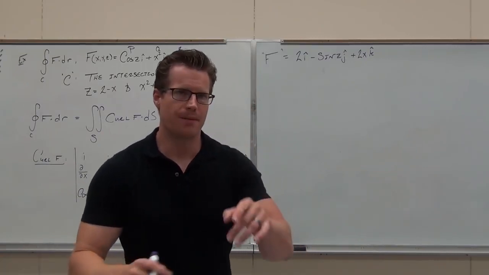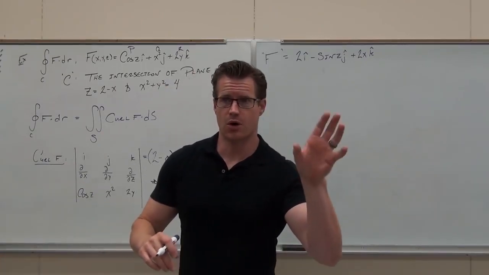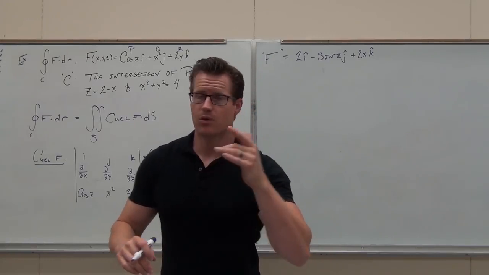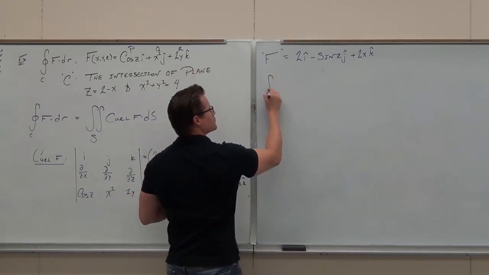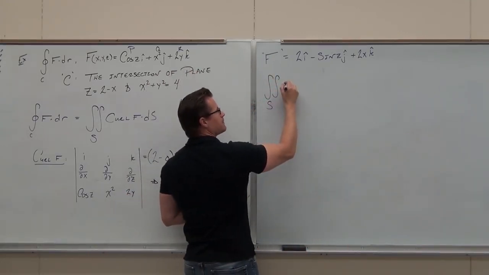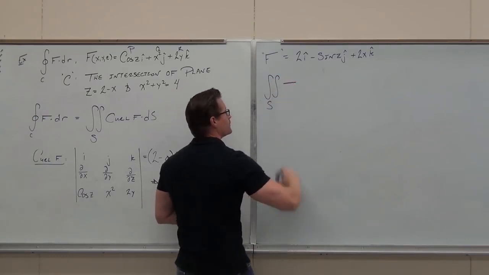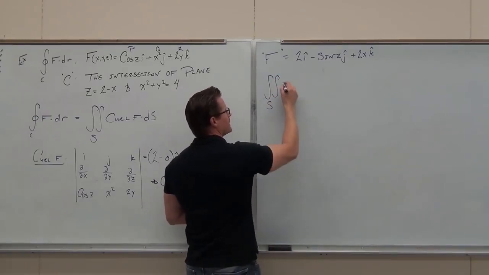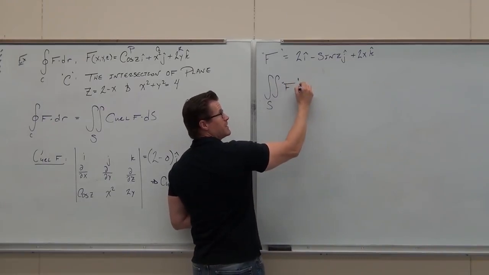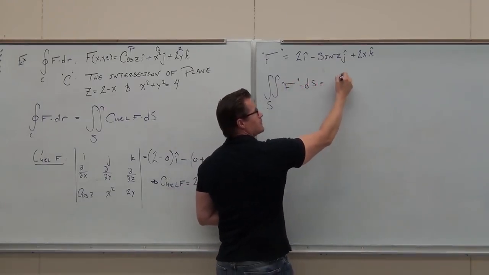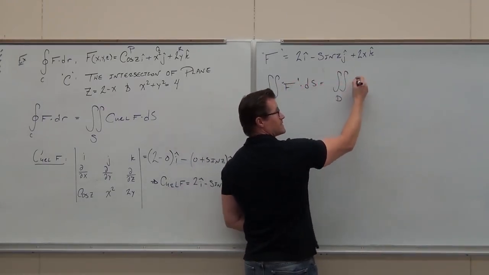Well, if we do that, then we can start labeling P, Q, and R. Then we can start doing, well, changing this into this.